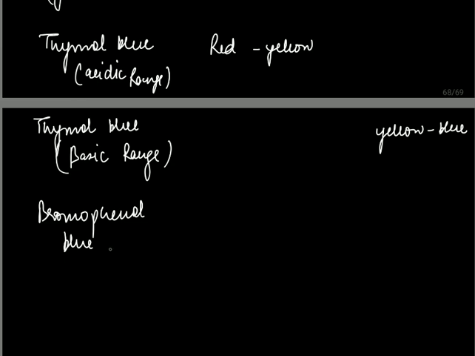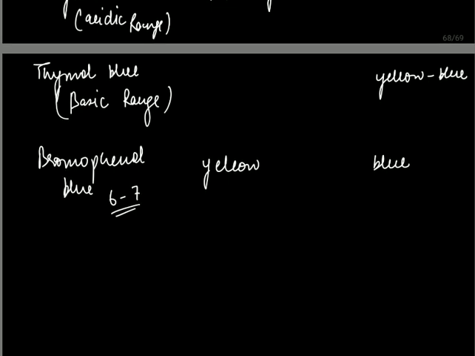Its pH value is going to be somewhere around 6 to 7 that we have taken. In acid, it's going to show yellow, and in case of base, it's going to be blue. Then methyl red, that is red in case of acids, and yellow in case of bases.